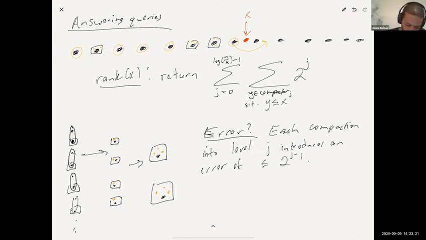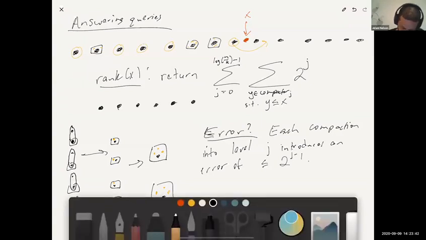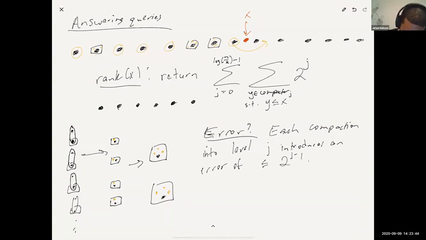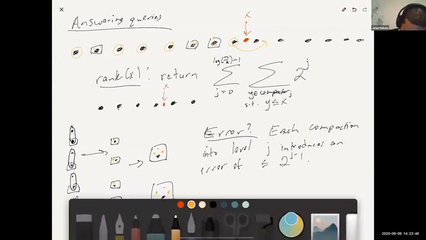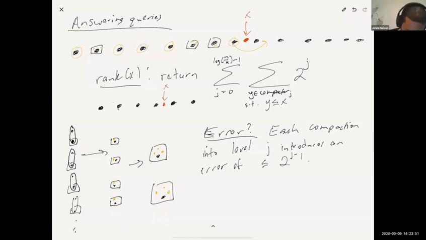Right, because again, you have a compaction. So let's just look at compacting into level 1. So these are the items I'm compacting. Here's my query X. And when I compact, I sort before I compact.